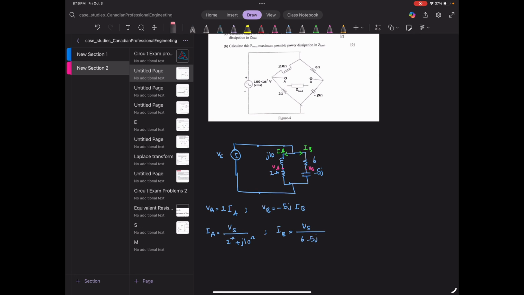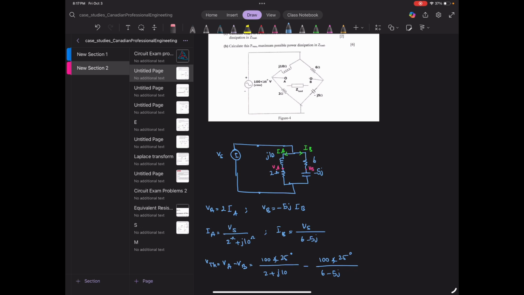And VTH is going to be VA minus VB, which is going to be 100 with 25 degrees of phase over 2 plus J10, minus 100 with 25 over 6 minus 5J.